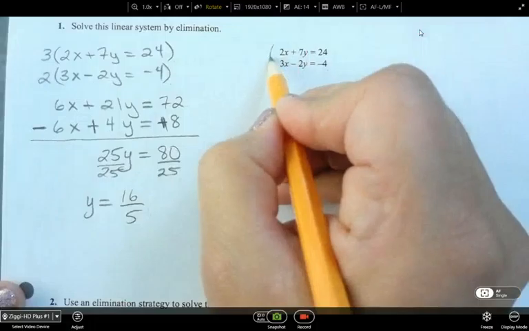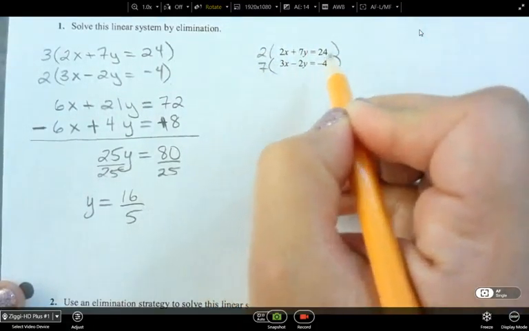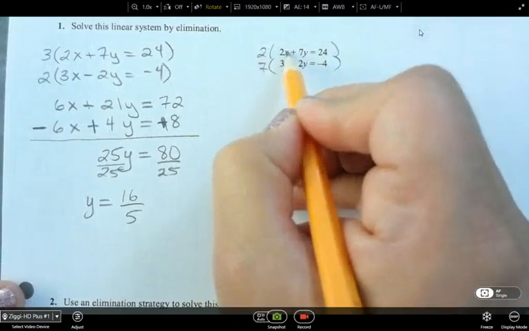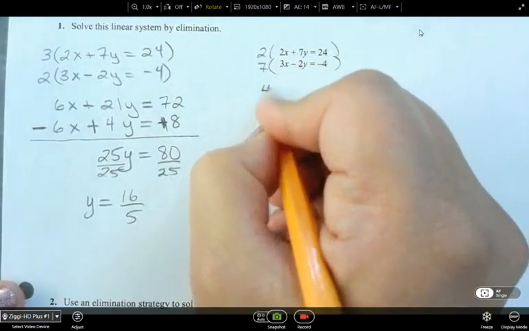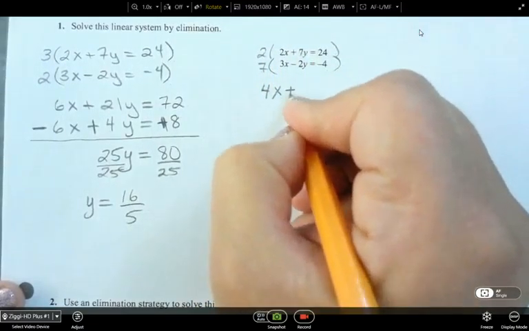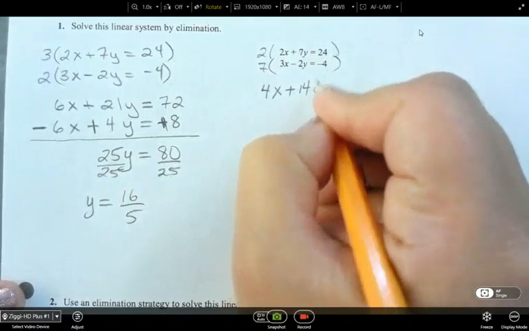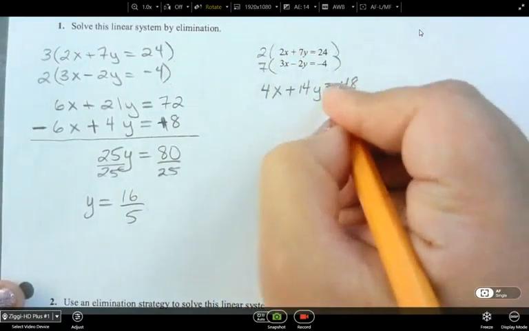Okay, so let's multiply this one by 2, and we'll multiply that one by 7. So what's 2 times 2x? 4x. 2 times 7y is 14y, and then 2 times 24 is 48.